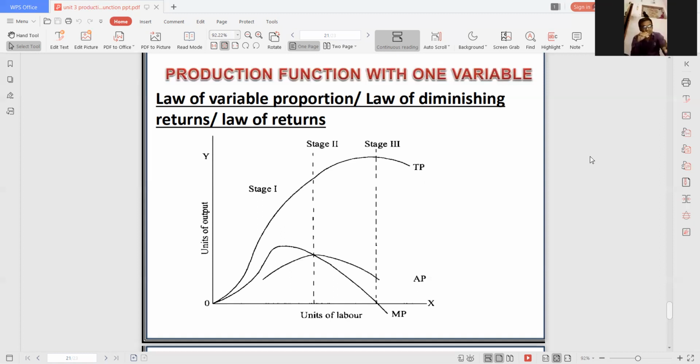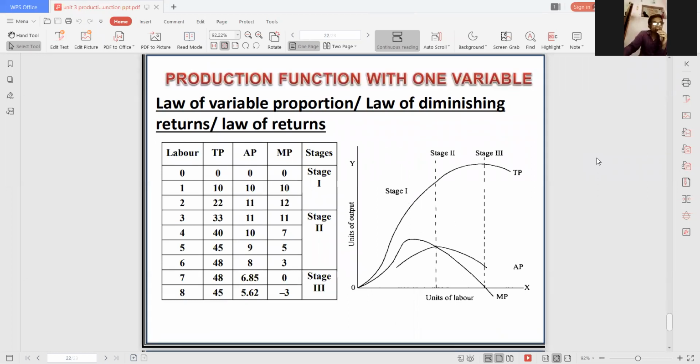Thereafter it goes in a downward direction drastically and reaches zero in stage 3, and after stage 3 it will be negative. Means by further increasing the labor input, it is not possible to expect a single unit of expansion in production. It is considered as the law of diminishing returns. Diminishing means decreasing returns. Next slide.